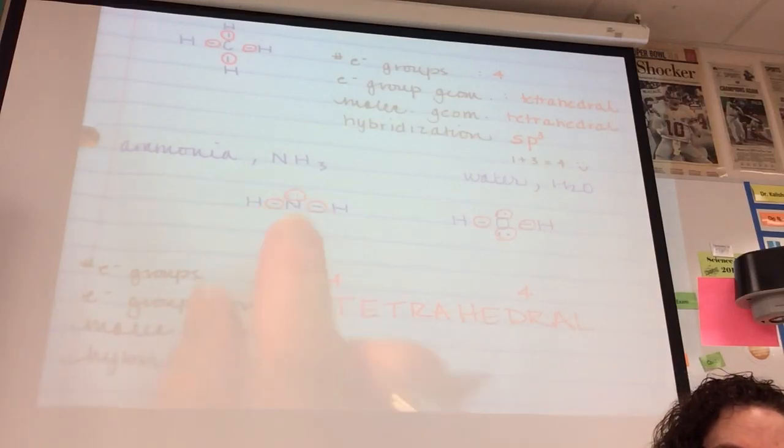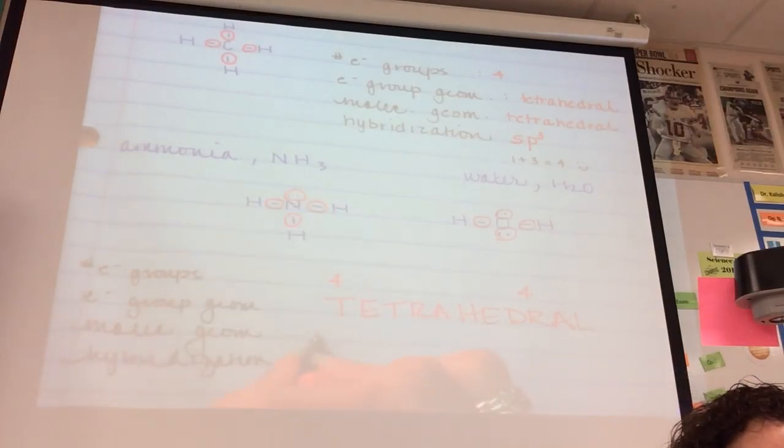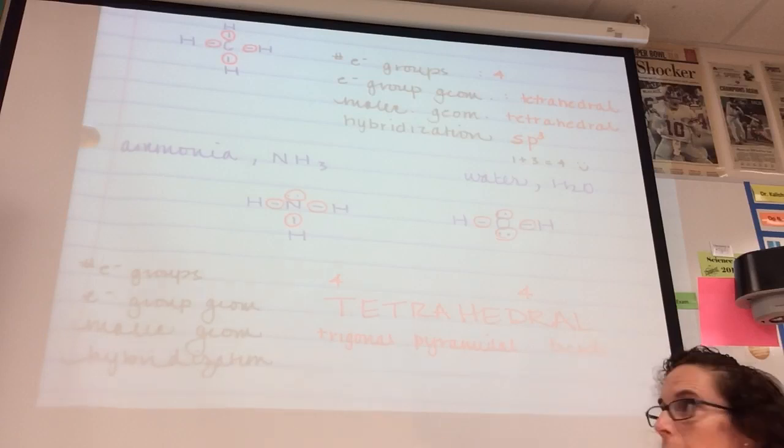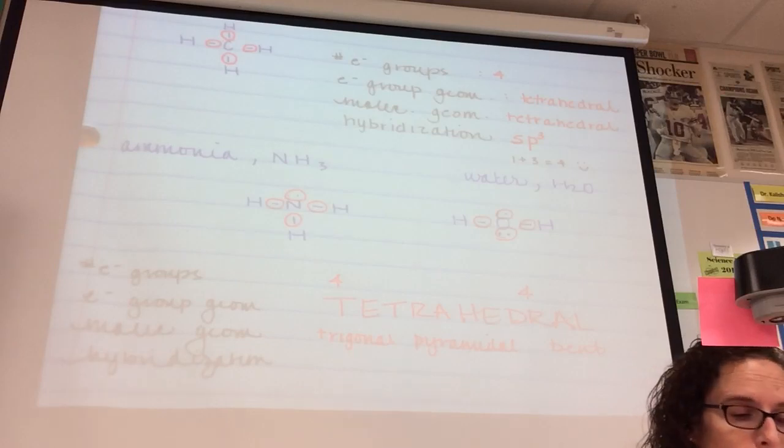3 atoms attached, 1 lone pair is trigonal pyramidal. This one, 2 atoms attached, 2 lone pairs is bent. And again, those are molecular geometries from last year.